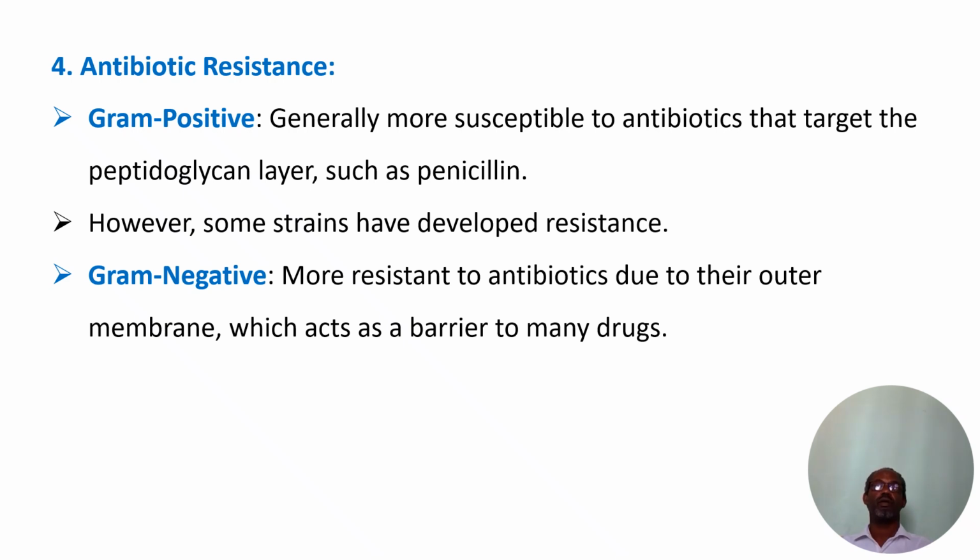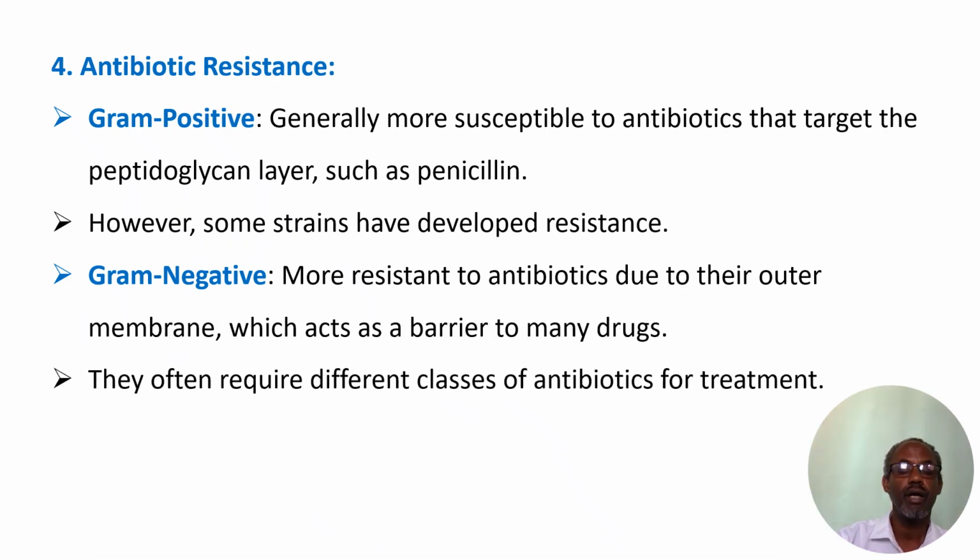Unless the drug crosses the outer phospholipid membrane and enters inside, it can't inhibit the enzymes that produce the cell wall, so it will not kill the bacterium. Therefore, gram-negative bacteria are much more known to be drug resistant than gram-positives.